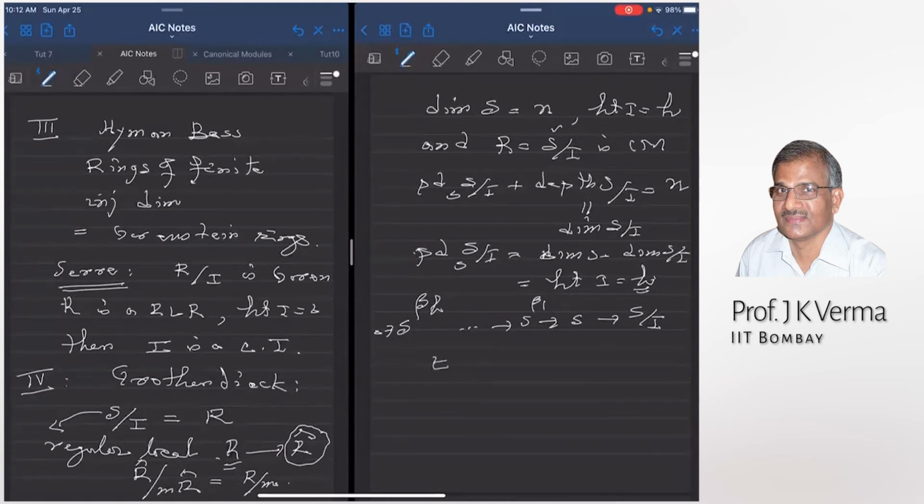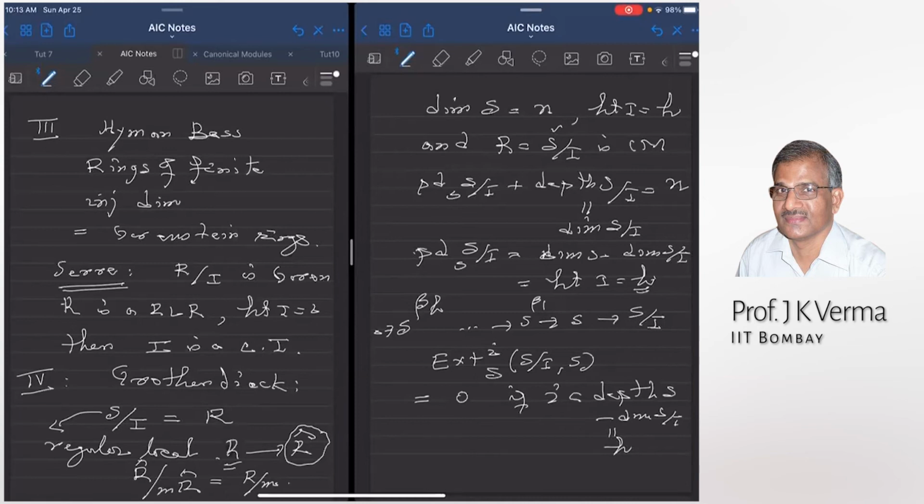And now look at the Ext modules, Ext^i of S mod I and S. So this is 0 if i is less than the depth of S minus the dimension of S mod I. But S is a regular local ring, so this is the dimension of S, and so this is equal to the height of I. Yeah, this difference is H. So below H they are 0.